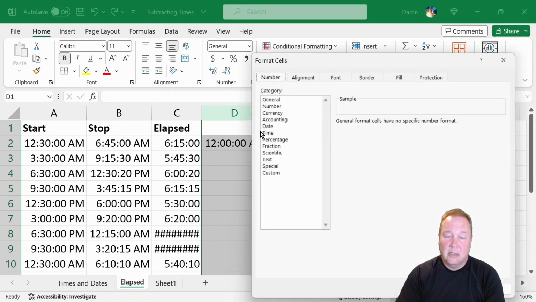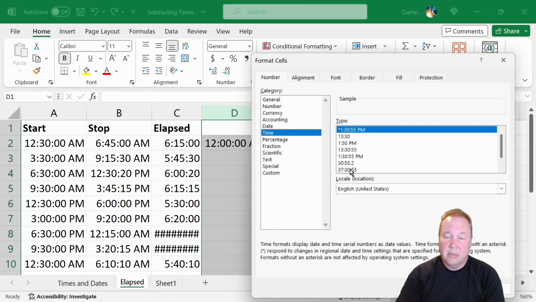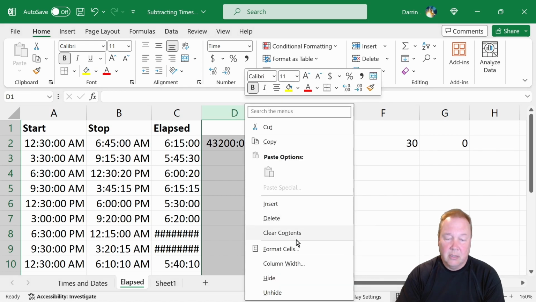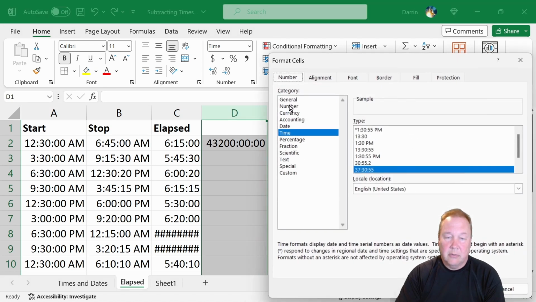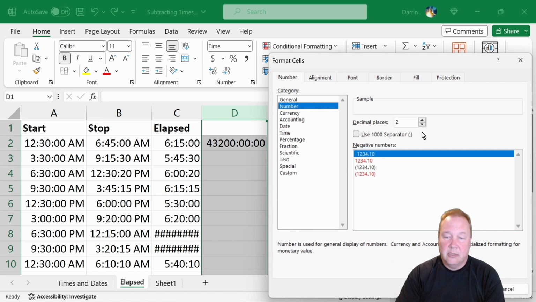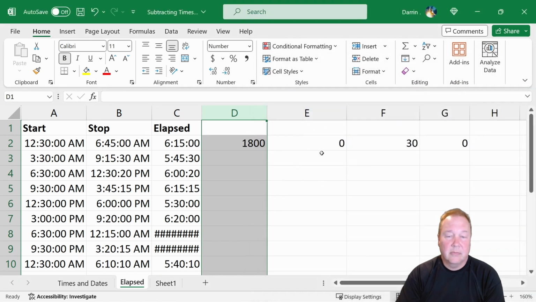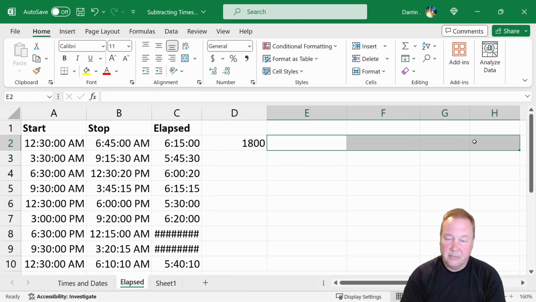Format cells, time, elapsed time here. Actually, this is just in straight seconds, so it's not really elapsed time. Sorry, so that one is simply a number, and I know it's 0 decimal places. Okay, let's go ahead and get rid of these.